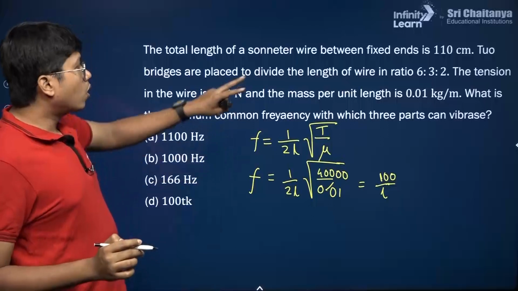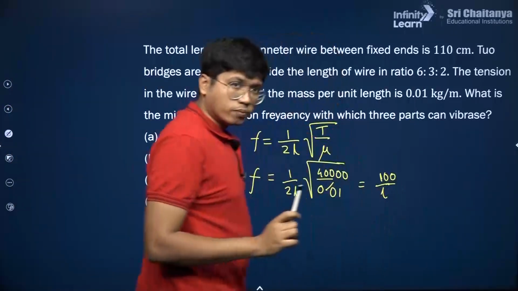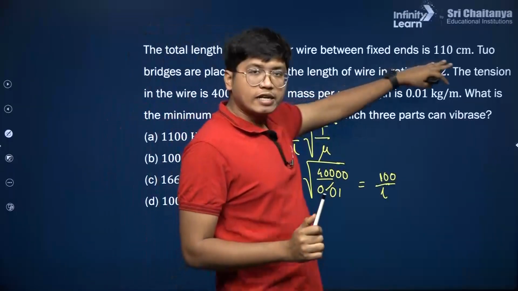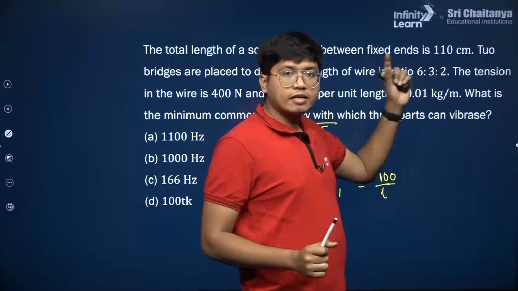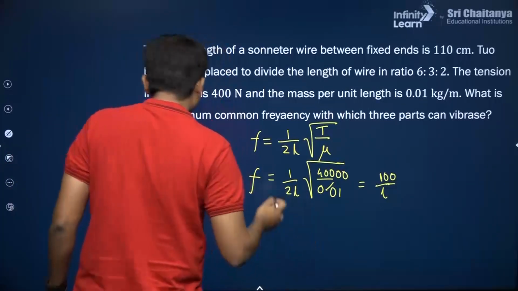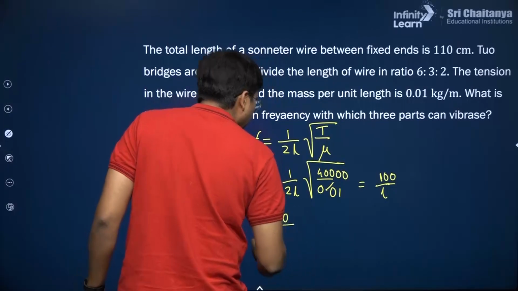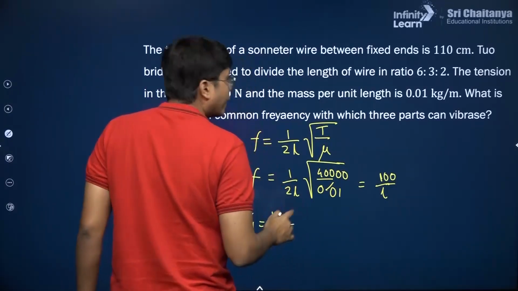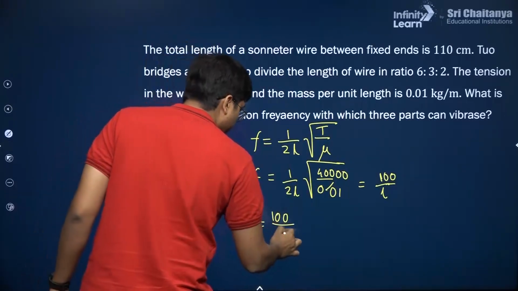Now, based on the 3, you would have 6:3:2. Here it's 110 centimeter. So each of them, if you divide, would be 60 centimeter, 30 centimeter and 20 centimeter. If you put the values in, F1, the fundamental frequency of the first case, is 100 divided by 20 centimeter, which is 0.2.